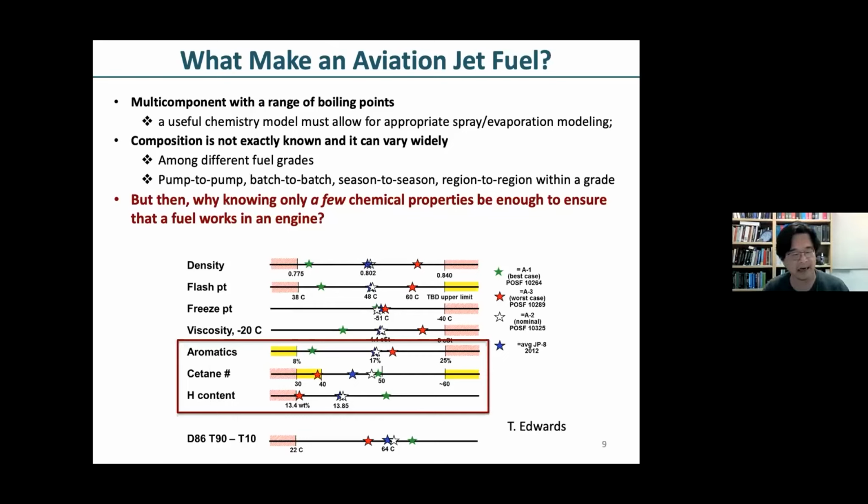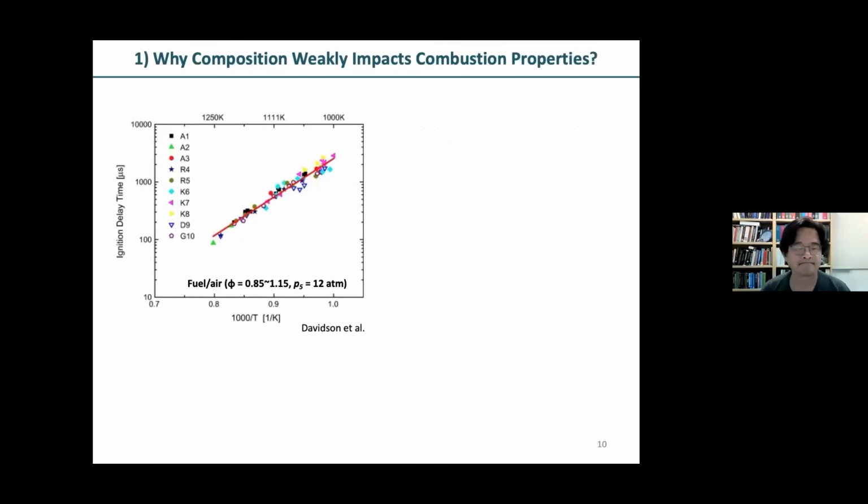The reason you need aromatics in a jet fuel is because you need it to swell the gasket. Without aromatics, your aircraft will leak fuel. Okay. So the key number to look at is the cetane number and the hydrogen content. In fact, the specification itself does not say anything about the composition. So why is it? Let me explain.